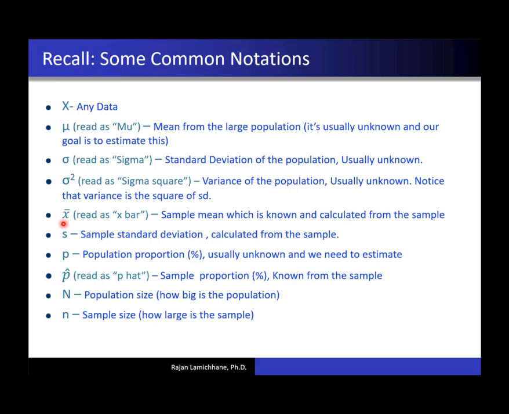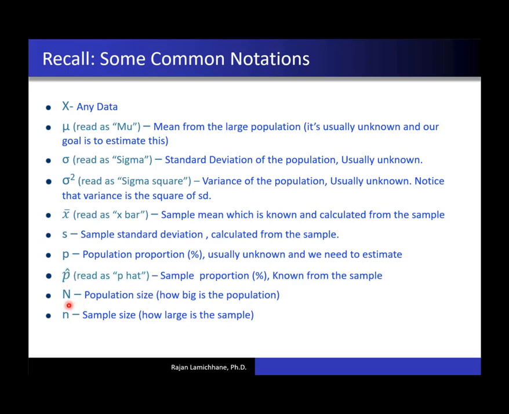And x bar is the sample mean, which is always known because we already have the data from the sample. The sample standard deviation is denoted by lowercase s, and it is also known. The population proportion, which is usually unknown, is represented as p, and its counterpart in the sample is called the sample proportion, expressed as a percentage and denoted by p hat.